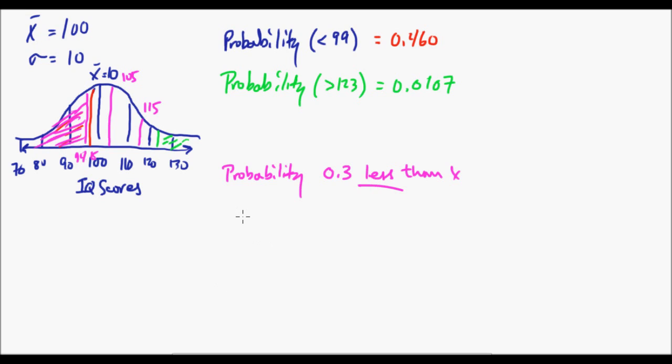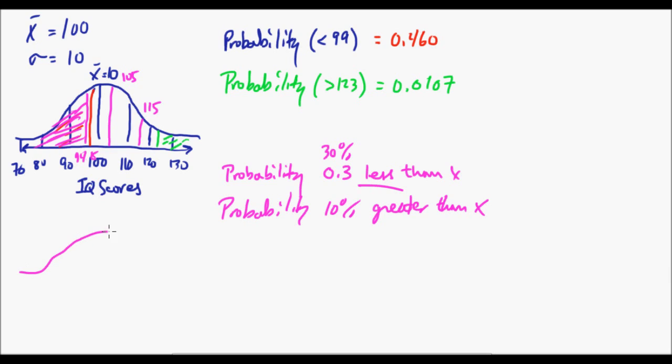Okay. The only trick for this is that if they said probability, and they do this sometimes, is 10% greater than X. They would probably do 30% here, and you'd have to do 0.3 greater than X. Now, anytime they do a greater than, let me draw another one.